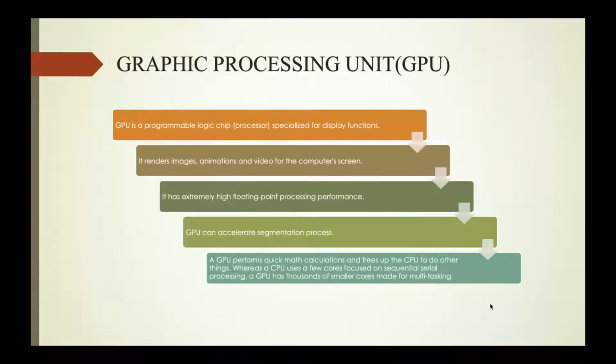On the other hand, a GPU performs quick math calculations and frees up the CPU to do other things, whereas a CPU uses a few cores focused on sequential serial processing. A GPU has thousands of smaller cores made for multitasking. The GPU actually improves the segmentation process by agile processing.